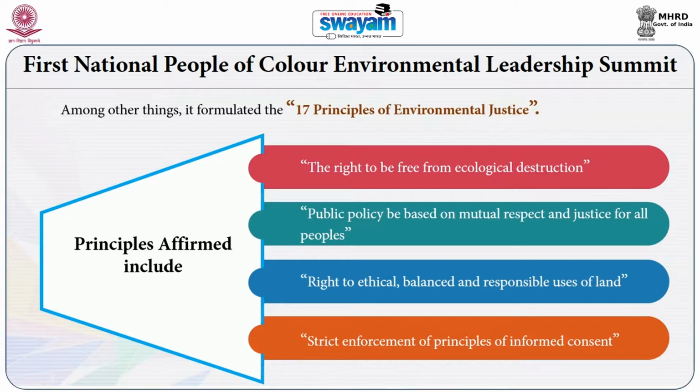You see, in this set of principles itself, we find the germ of a number of things which would later dominate discussions on environmental justice. For instance, informed consent, something that we'll come to in the next part.